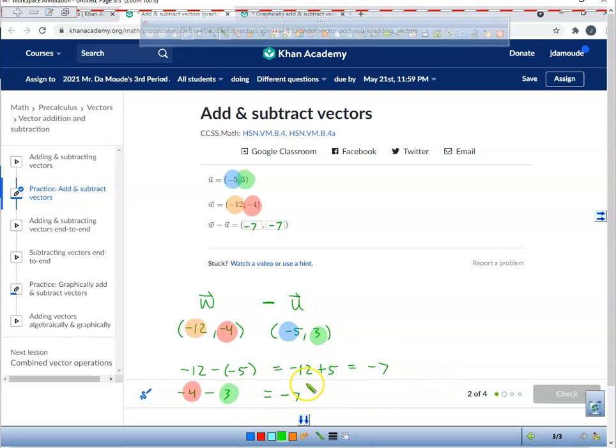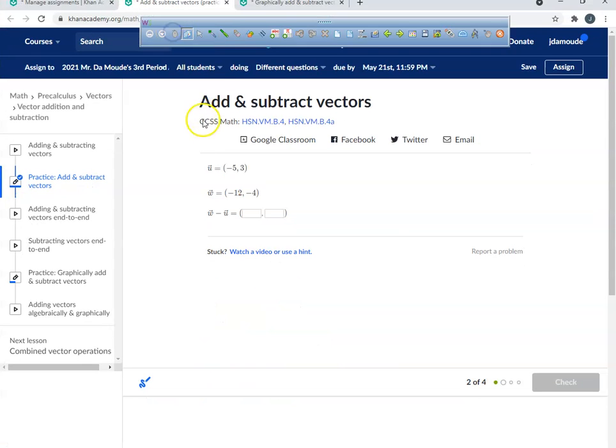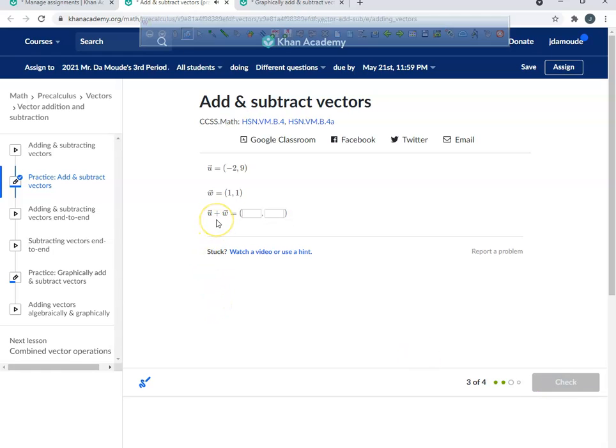Order matters when you're subtracting. So -7 should be my answer. That's not the magnitude, that's just the components that could help you find the magnitude. Remember, it's got an X component and a Y component. -7, -7. Adding doesn't matter, subtraction does.